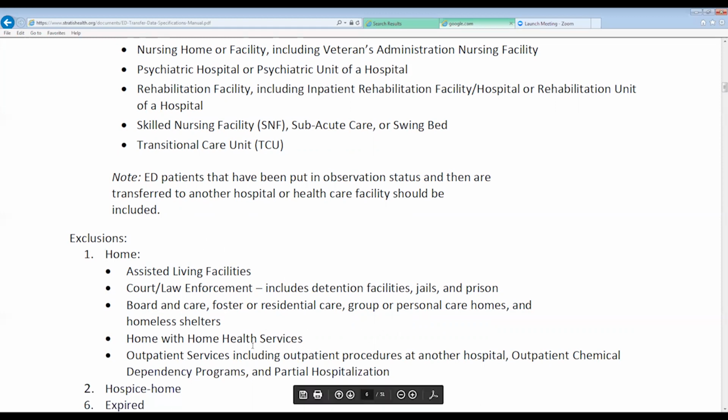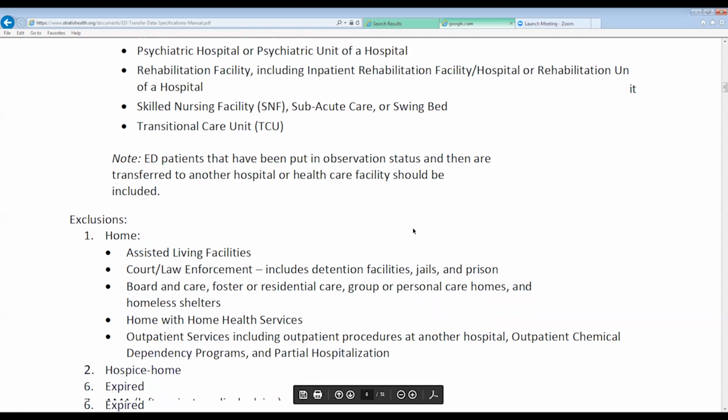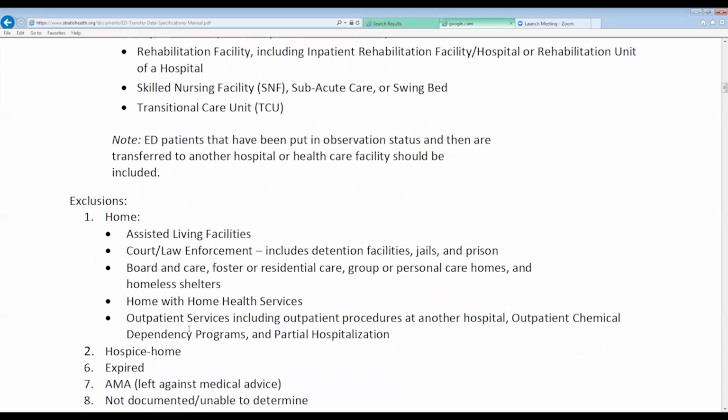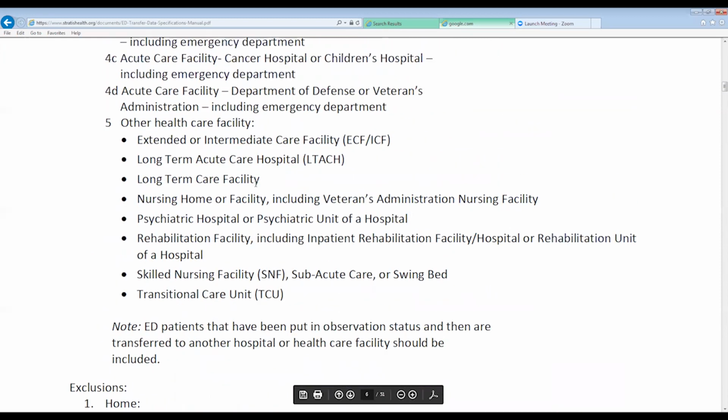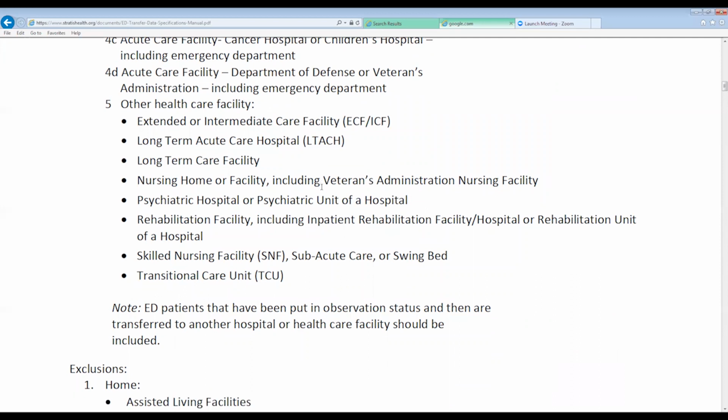If they went home but were having home health services, that's still considered home. Any home where they're getting some kind of outpatient services is still considered home. So these would not be included. These would be the patients you do not have to do, and the others are the ones you should be including. Does anybody have any questions around that?